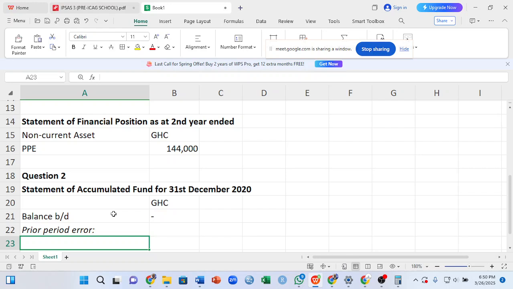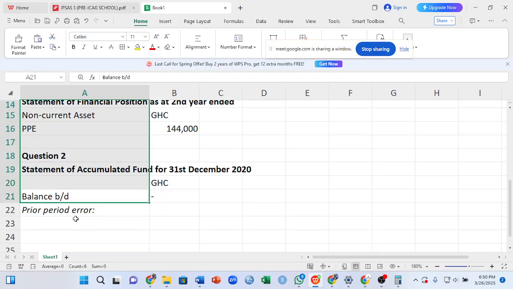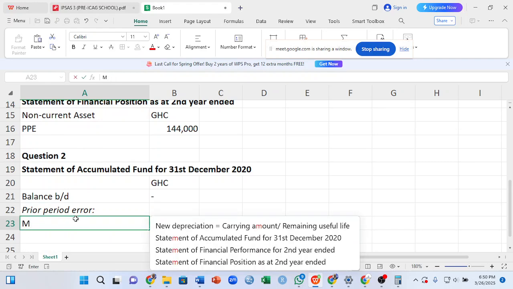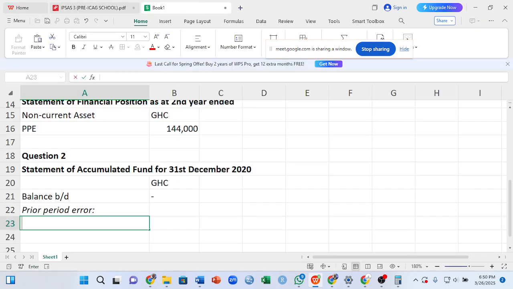In correcting the error, we have to look at the effect on the profits. Bear in mind, accumulated fund is the surplus or deficit over the period. So if you are correcting the error, what will have been the effect? The first error we need to correct will be the motor vehicle. Was it motor vehicle or equipment? Equipment, yeah. So you have to look at the equipment cost.